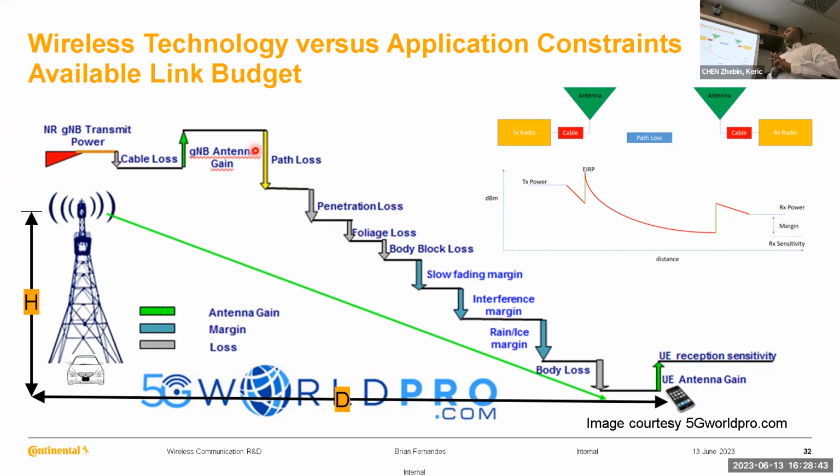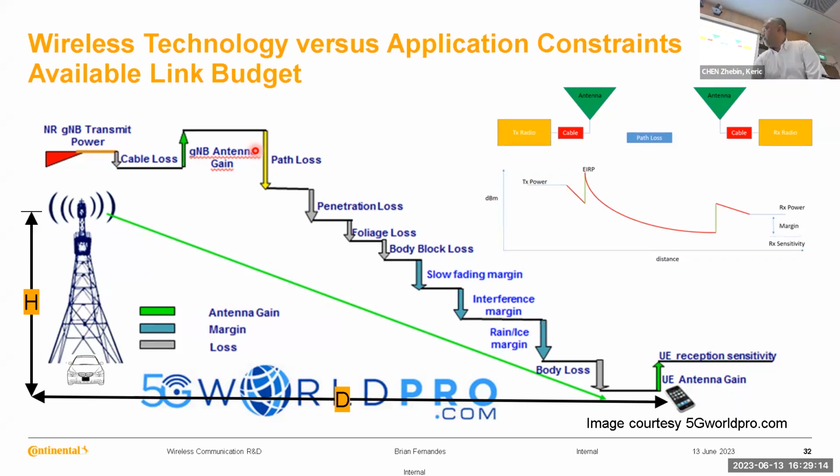And then, of course, the path loss, so the loss of the signal over the distance traveled. Then we consider penetration losses that would occur due to penetrating maybe the walls, depending on the application. So this is all application dependent, but perhaps foliage if it is a large area, or if it is a vehicle to vehicle communication, then penetration losses due to penetration through the vehicle body itself.